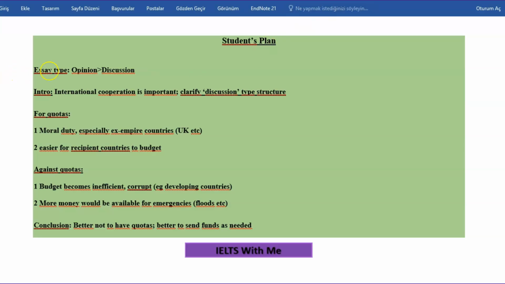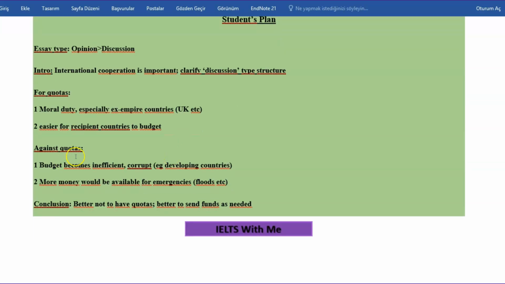Okay, how should we do our essay planning? We know now about the essay type. In our introduction, we are going to say that international cooperation is essential, and clarify this is a discussion type structure. For quotas, we prepare two points. Number one, moral duty, especially for ex-empire countries, for example, the UK. And number two, it is easier for recipient countries to budget, and there is money at a time of urgency, right?